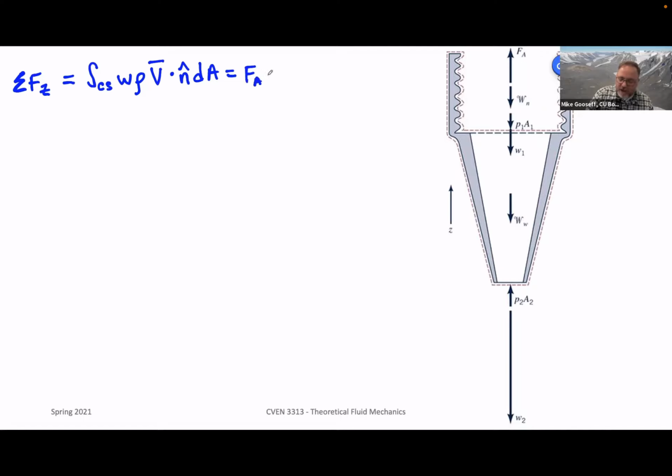We have minus the weight of the nozzle acting downwards, of course, because of gravity. And then we're going to have minus P1A1 simply because it's acting normal to the control surface, minus now this weight of the water in the nozzle, and plus P2A2.